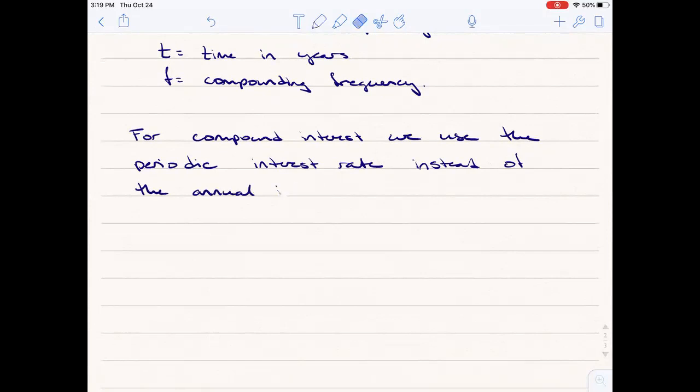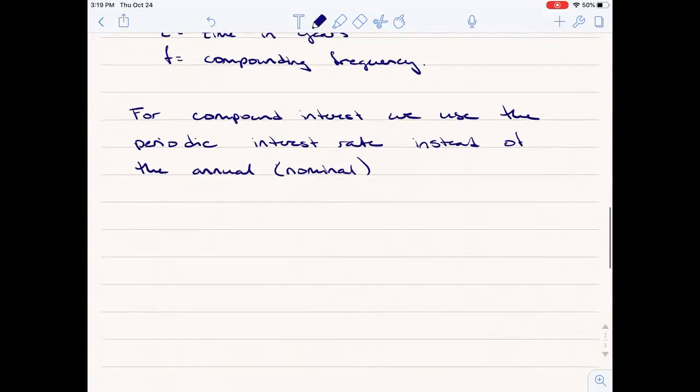Annual, or I'll put in brackets, we could call it nominal. I don't think I've called it that before, but now we might see that in problems. So I just want to highlight that the annual interest rate or the nominal interest rate is just that R that we were using in simple interest.